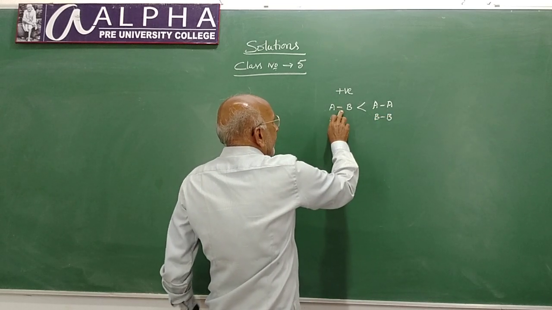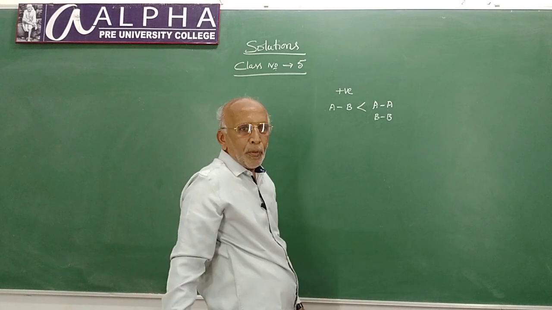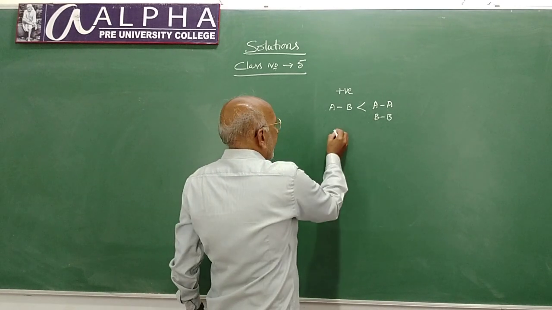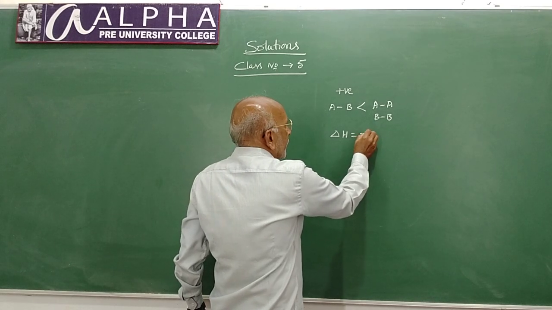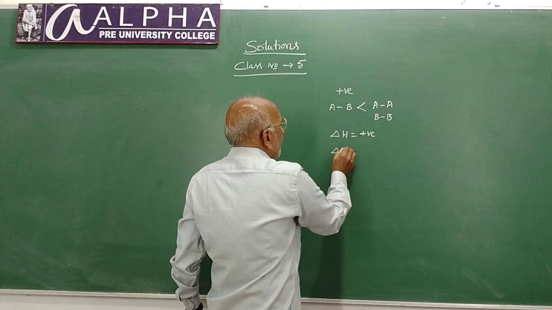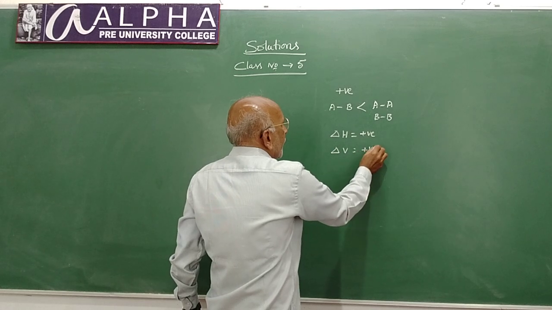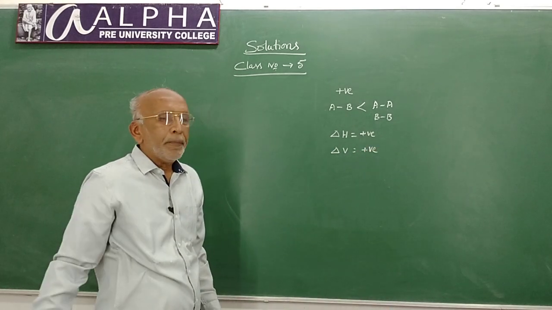So when interaction is less, distance is more. In such a case, delta H is positive and delta V is positive.